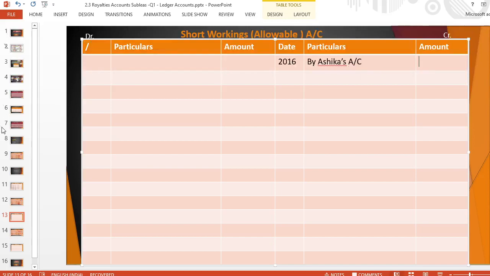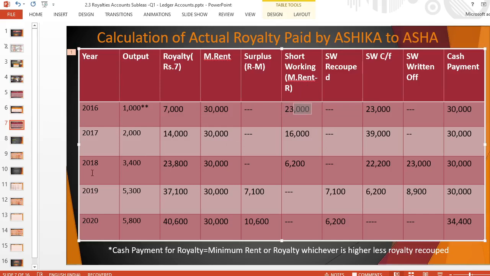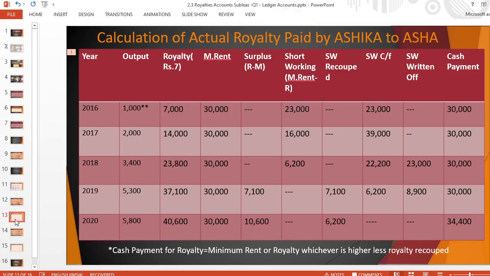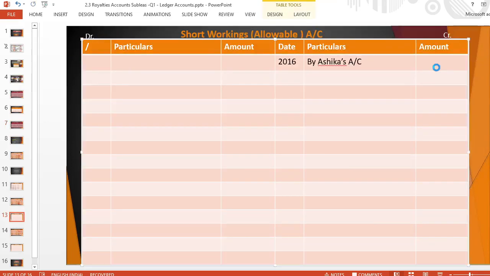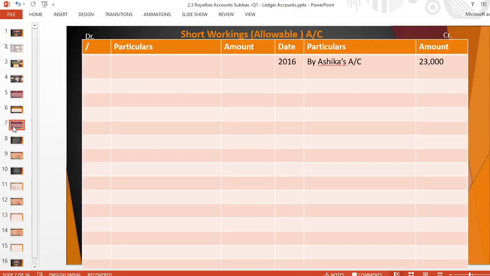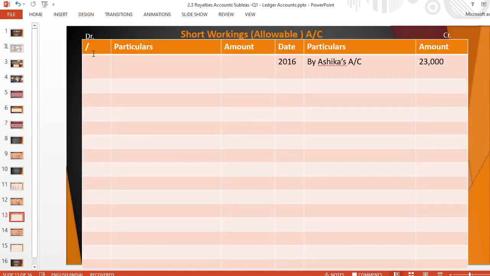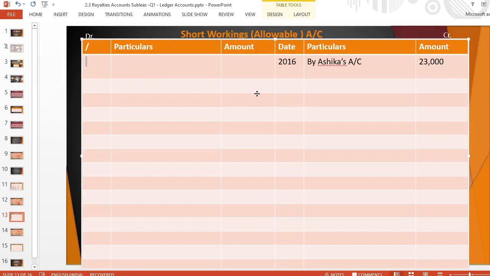Again, I should record the short working. So in the royalty table 2, we have recorded the short working as 23,000. And record short working 23,000. Again, in the first year, there is no short working recoupment and write-off. So only one entry in the first year. So I'll close the books here, 2016.